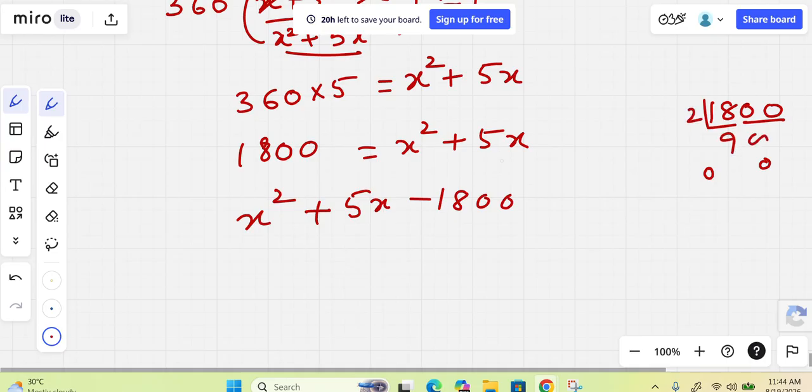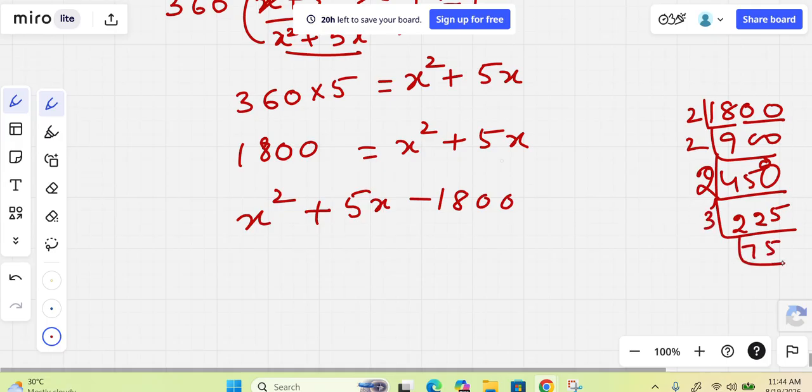2, 900, 2, 450, 2, 225, 3, 75, 3, 25, 5 and 5.